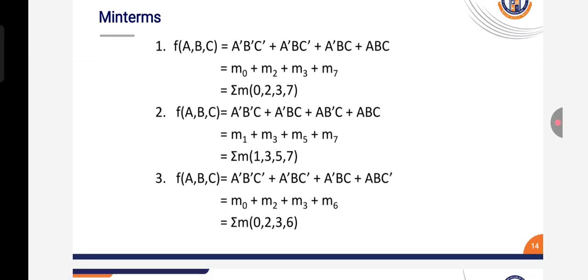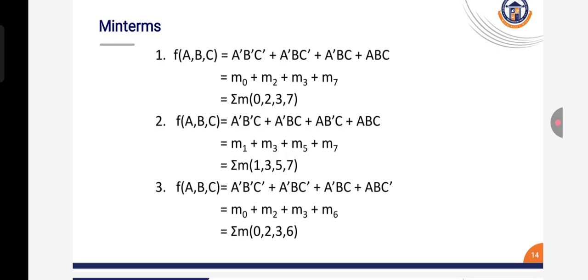So this is some example of the minterms. F(a, b, c) = a'b'c' + a'bc' + a'bc + abc. In the given Boolean expression, each product term has all the literals either in complement or uncomplement form.